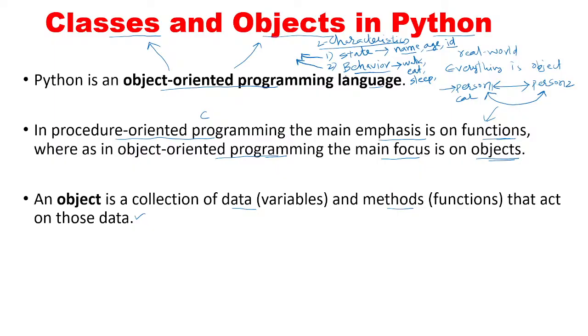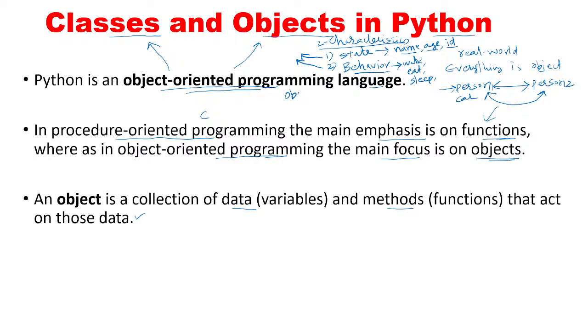Now the same we want to imitate in an object oriented programming language. That's how the object oriented concept has been developed. Since in the real world everything is performed between objects, in object oriented programming also everything should be in the form of an object. So how can an object be identified in programming?